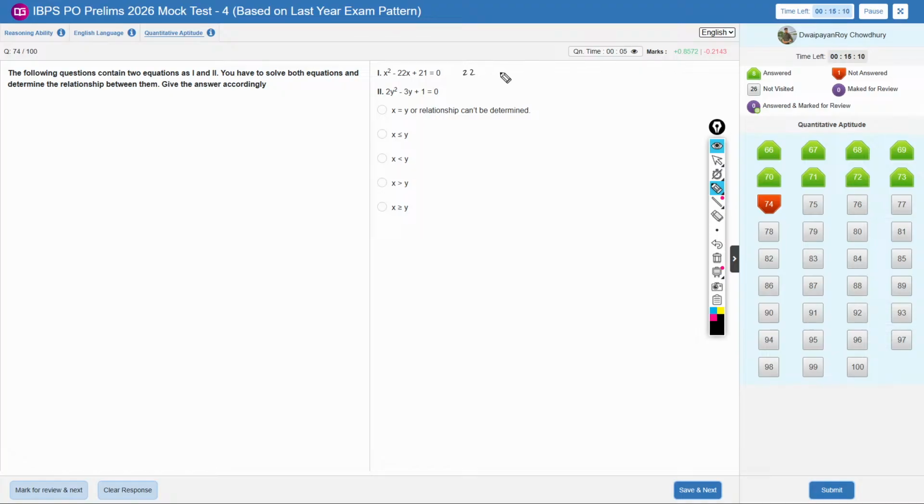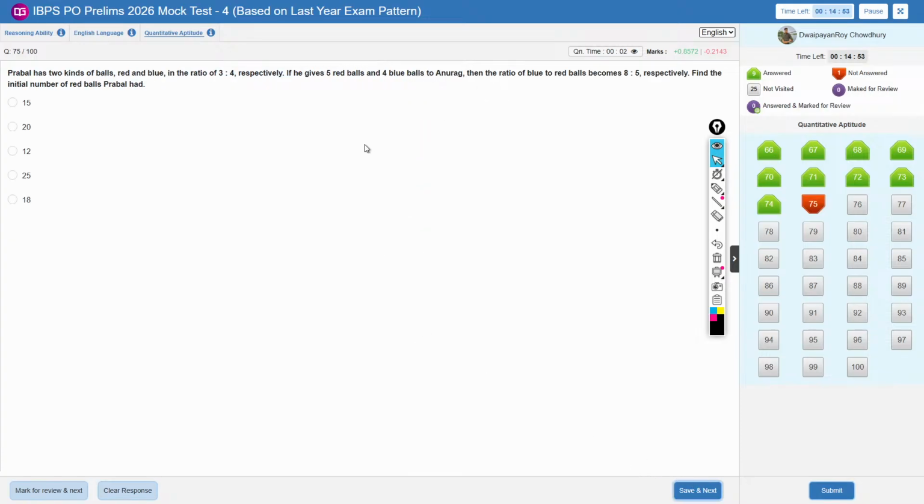So it's 22 and 1 and 2. So 2 and 1 by 2 by 2. So y is less than or equal to, so x greater than or equal to, in other terms. Okay, I will skip this one.